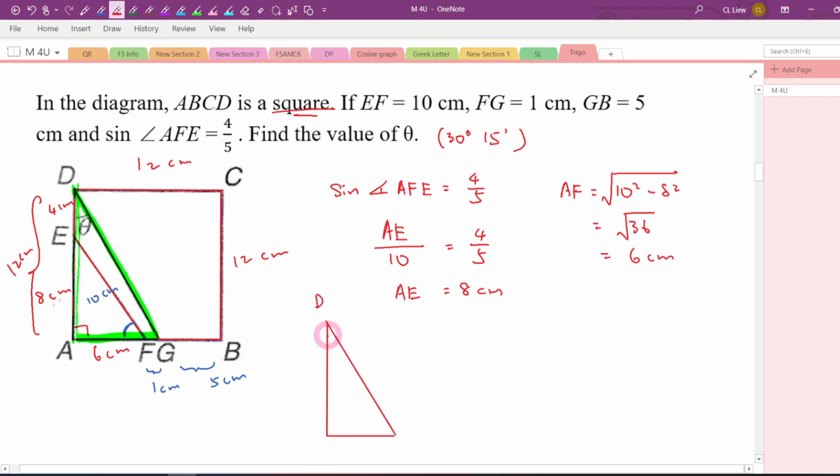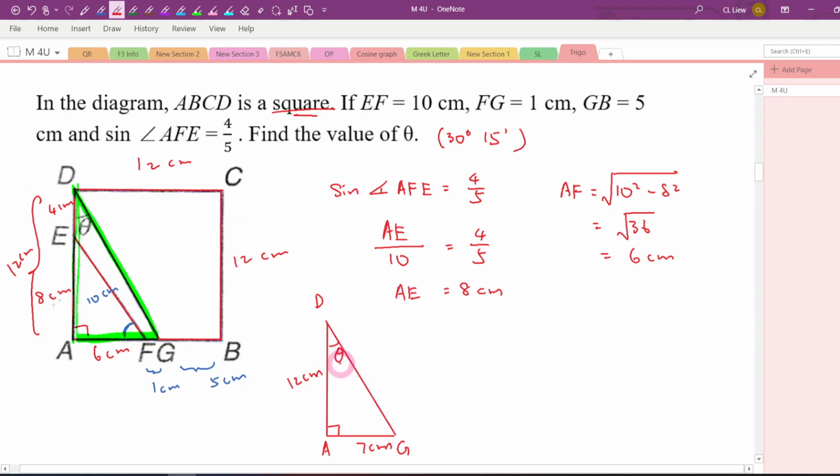So this is D. Theta is over here, and this is A. This is G. This is right angle. Here will be 12 centimeter, and here will be 6 plus 1, which is 7 centimeters.